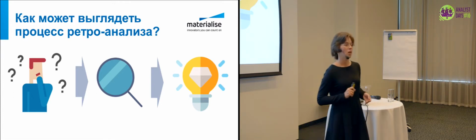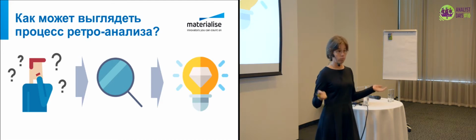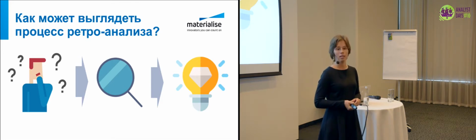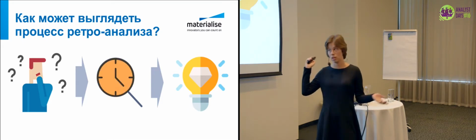Okay, we planned it. We sat together after a project, but we had no input data, nothing to analyze, or at least we lacked data. Not enough data was there. So we decided to change it.